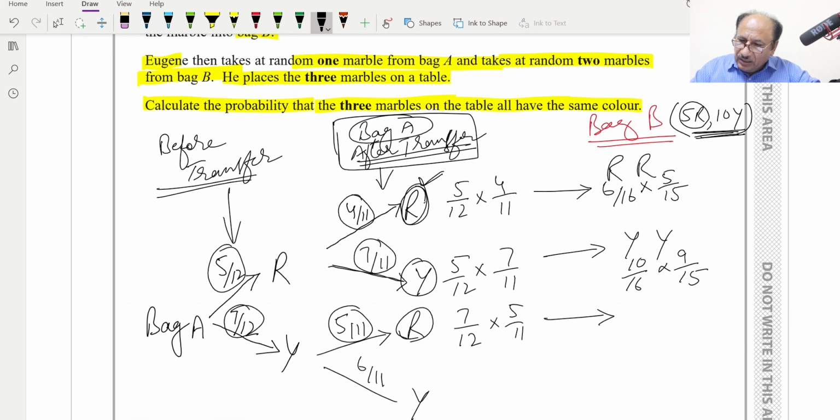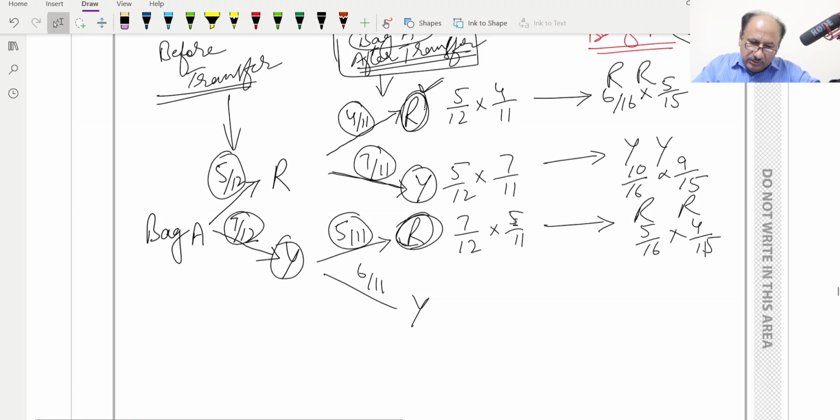And then at this level we will have 5 red, because yellow is being transferred. So this will be 5, this can be red and red, because this is red, so we require red over here. So this will be 5 over 16, and next will be 4 over 15. And the last option will be 7 over 12 for this one, and 6 over 11 for this.